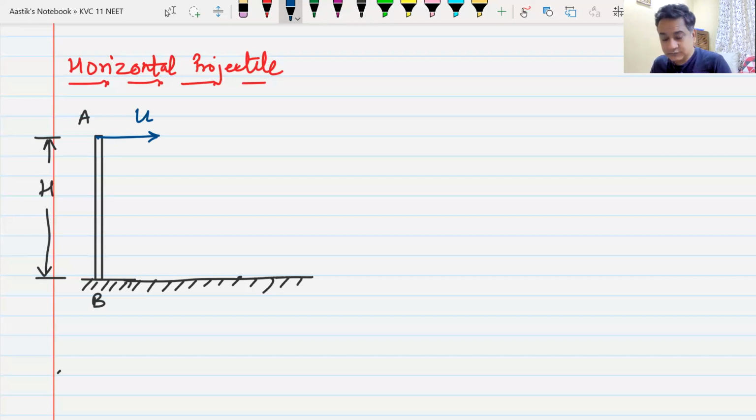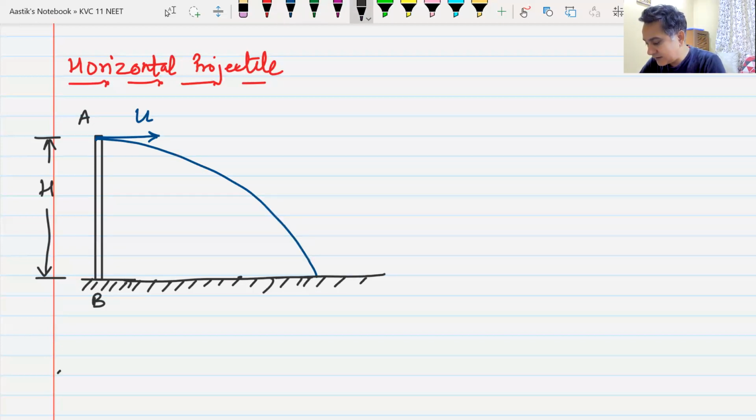How does it fall? It does not fall straight down. It falls like this. This is known as the horizontal projectile.